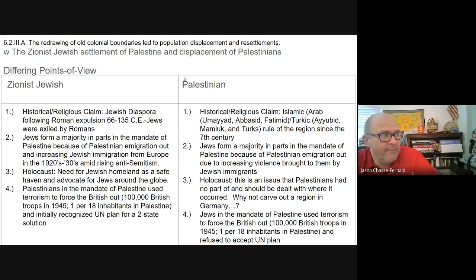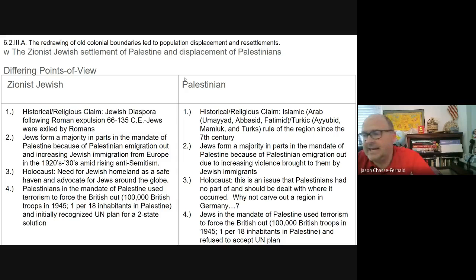So I'm just going to run through a couple of different points of view about the creation of these states and why they should exist, and just break this down for you. So one category of analysis that we often see is this historical and religious claims, right, that each place has.